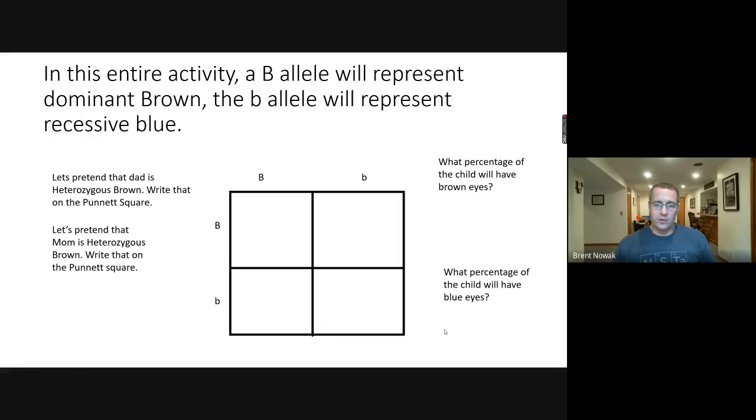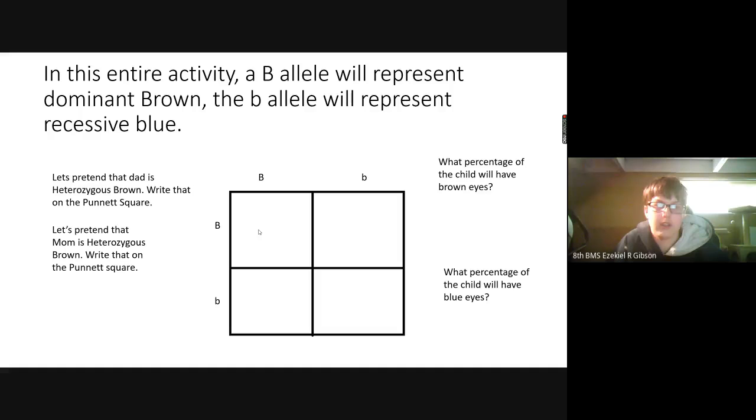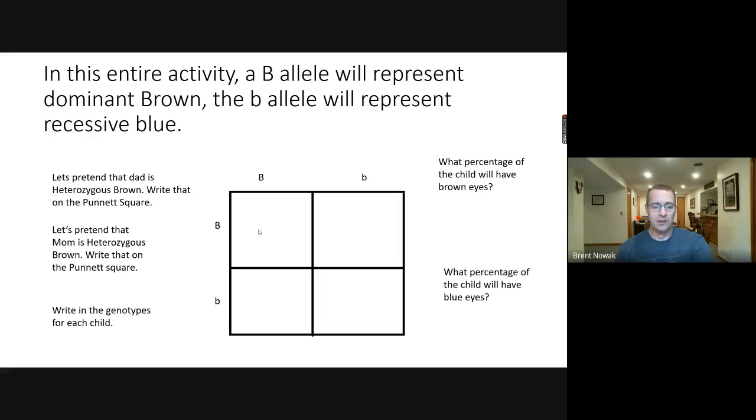So let's go to this child right here. This potential child, really. I would write what two letters in this one right here? Dominant B, dominant B. And so what would I call that child? Homozygous brown. Good. All right, this child over here would be?